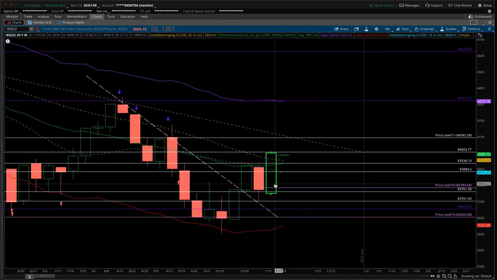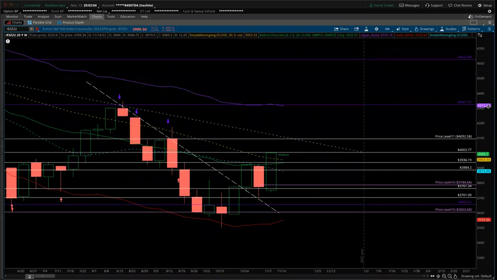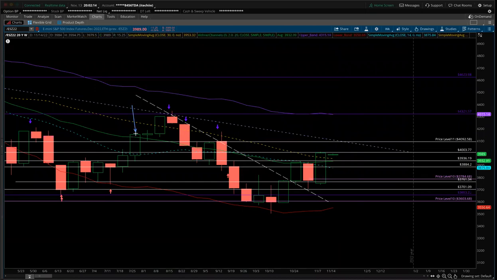and we went again inside, up and out, breaching the middle Celt. Last time we breached the middle Celt, as you can see, I'm going to show you right here. If you look back at previous areas, we breached the middle Celt here, closed above it, went inside, then we went inside up. We didn't necessarily get to the upper Celt, but we did have a resistance around 4321.